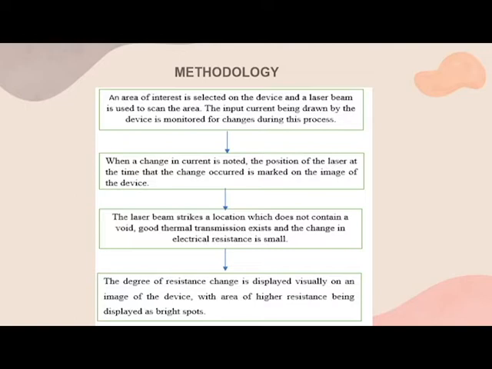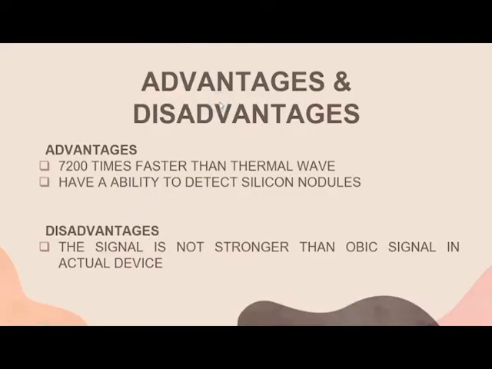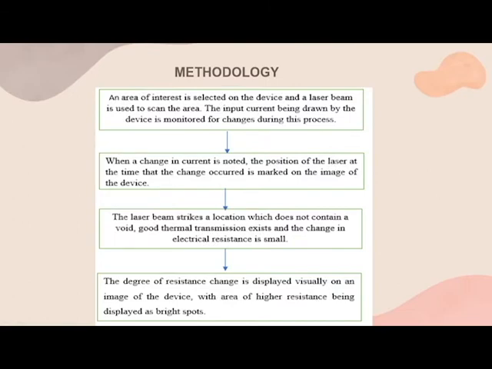For methodology, now we look at how OBIRCH is used and how the process is. For the first part, an area of interest is selected on the device, and a laser beam is used to scan the area. The input current being drawn by the device is monitored for changes during this process.